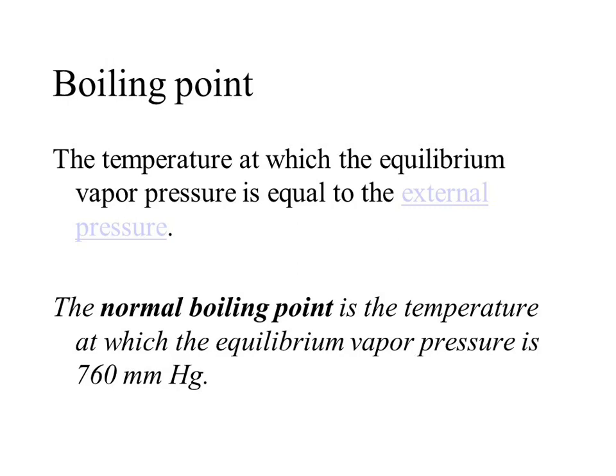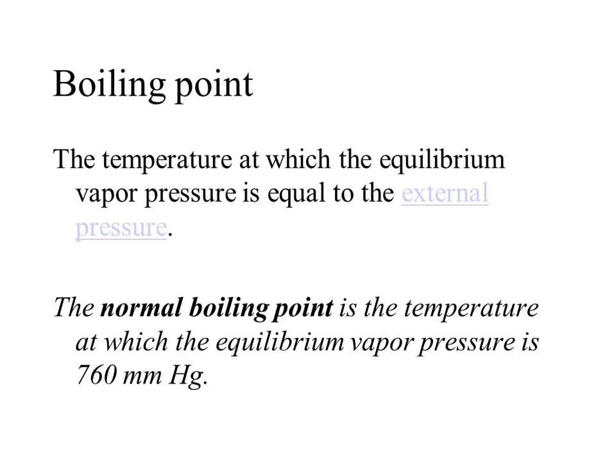Equilibrium vapor pressure, they're equal. And under normal conditions, our atmosphere runs 760. So basically, the normal boiling point temperature is the temperature at which the equilibrium vapor pressure is 760 millimeters mercury.